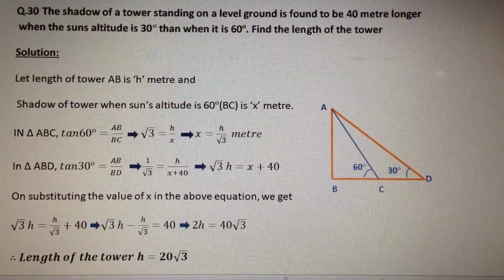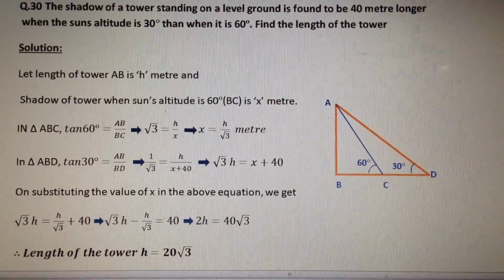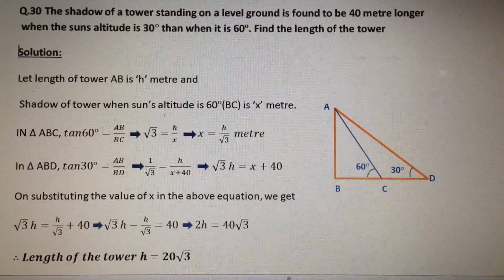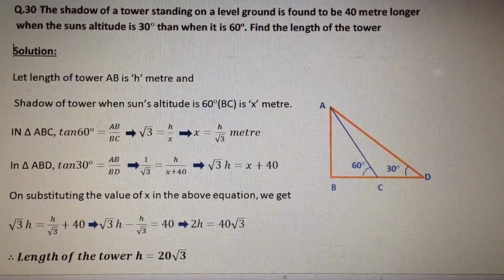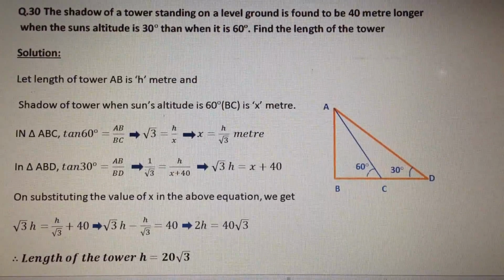These type of questions are very common in SSC CGL Tier 1 examination and very important also. Here is a solution. Let us assume the length of the tower AB is h meters.